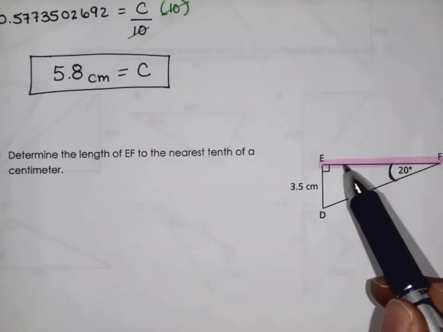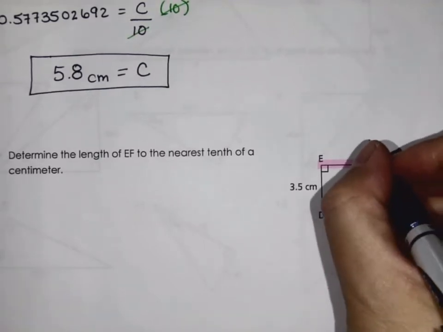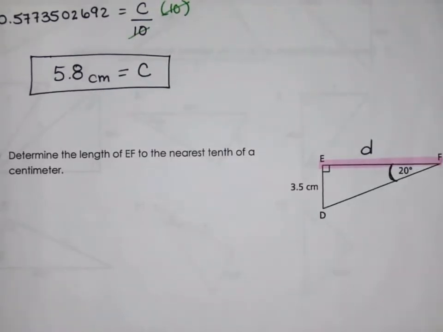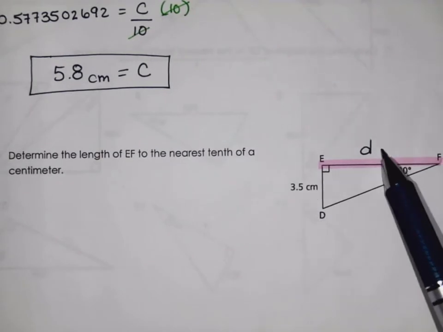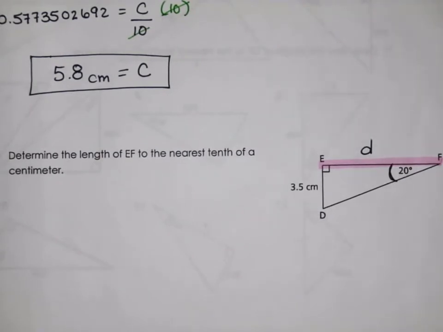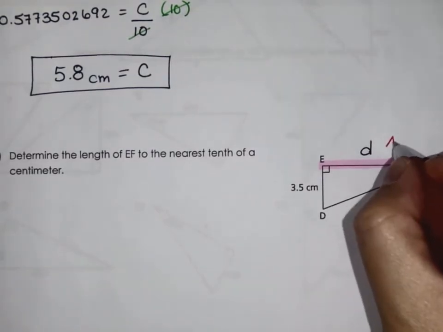What letter am I going to represent this side with? The lowercase d, yeah. But you were also correct, Steve. That was my next question. And so now we're going to label our sides. So what I care about is the side I know and the side I want to find. Steve told us that the D side here was the adjacent side.